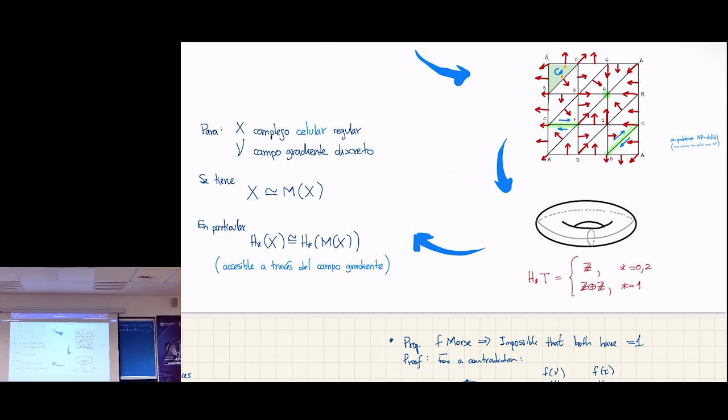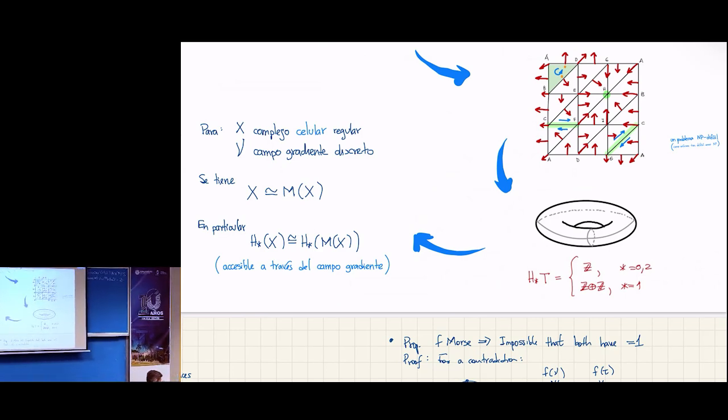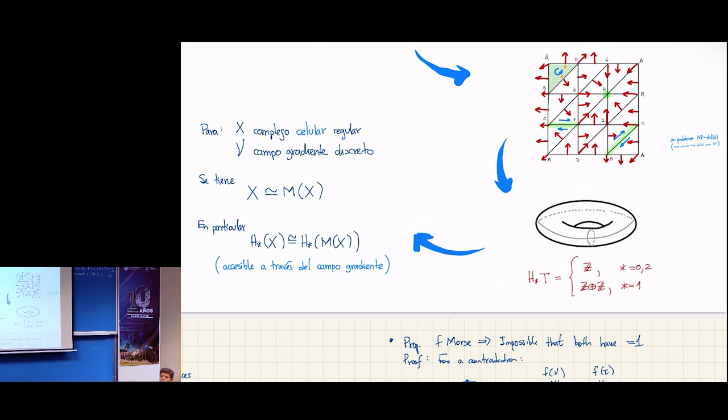It is possible to define then the Morse critical complex, given by not the free abelian group on all the cells of the complex, only those that are critical. And then following these gradient lines, you have a boundary homomorphism, and then you would just compute the homology of that.